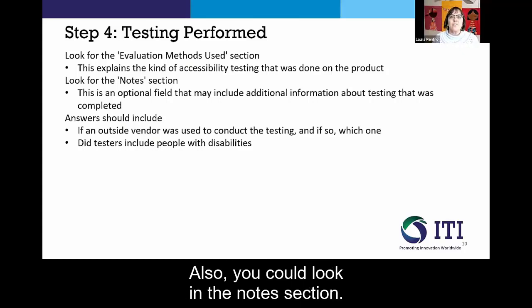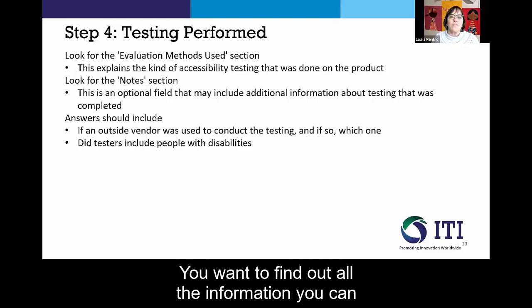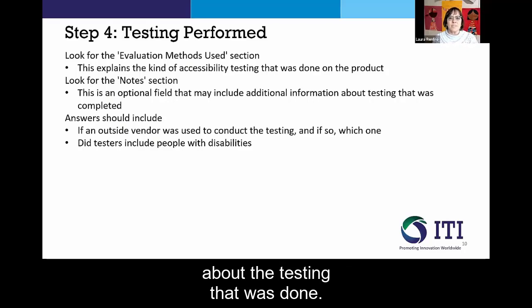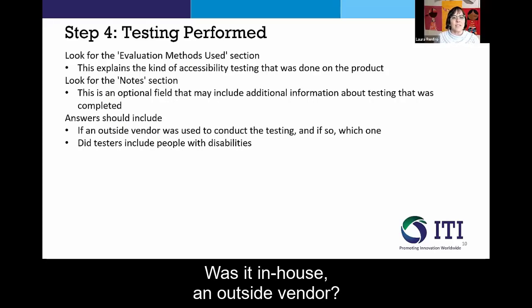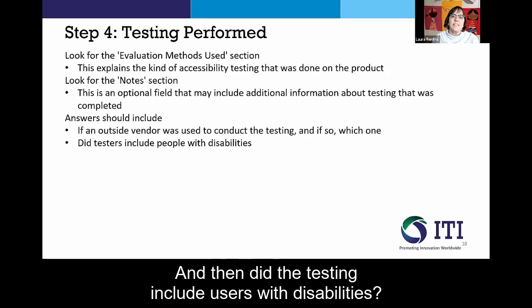Also, you could look in the notes section. You want to find out all the information you can about the testing that was done. And your answers should include who did the testing, was it in-house, an outside vendor, and then did the testing include users with disabilities?